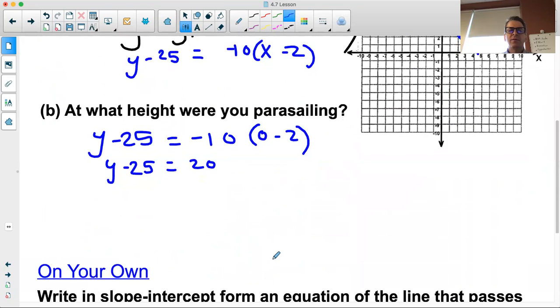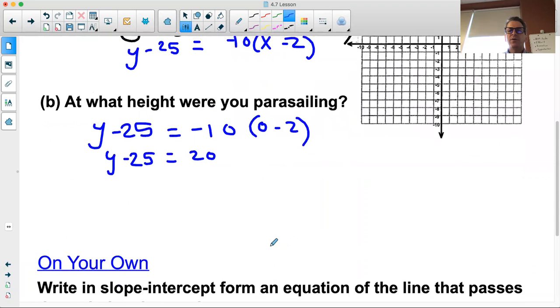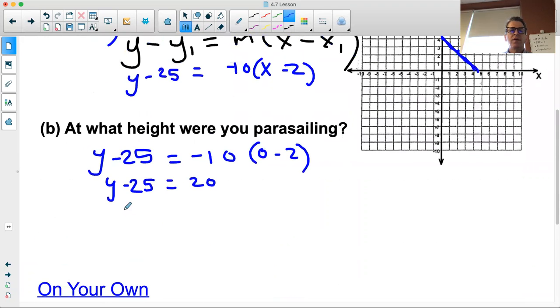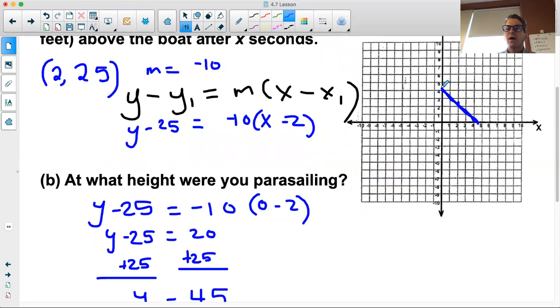Now, to determine the height of when you started parasailing, you would add 25 to both sides, and you would end up with 45. y is equal to 45 feet. And if you look at our graph, we were pretty close to that when we drew our line in. Maybe we should have been a little bit higher according to that.